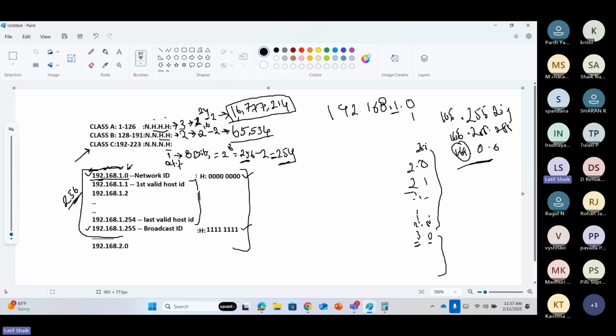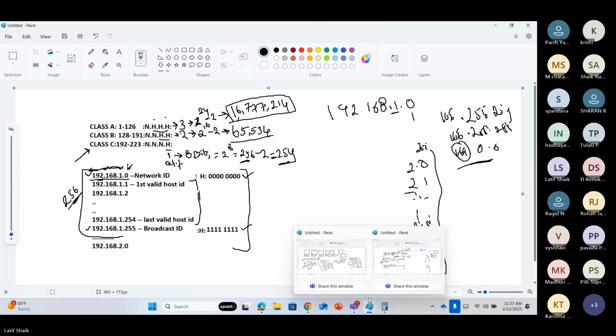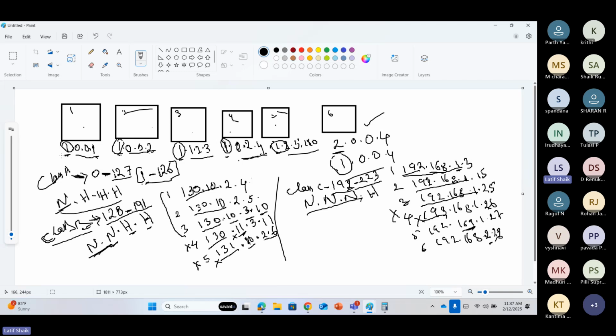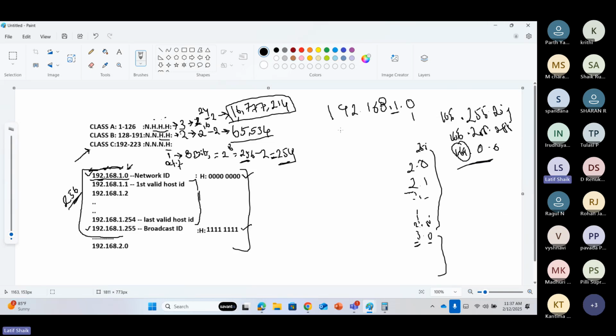Last time we took one example, right? The 1 series: 1.0.0.1, 1.0.0.2, 1.0.0.3. It keeps going like that. Taking class A, 1.0.0.0, the very first one is the network ID.